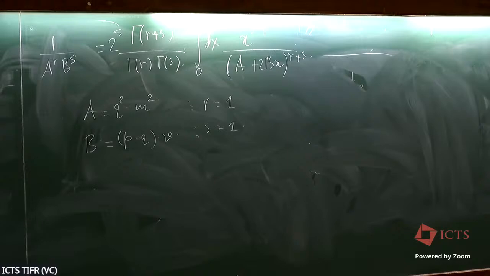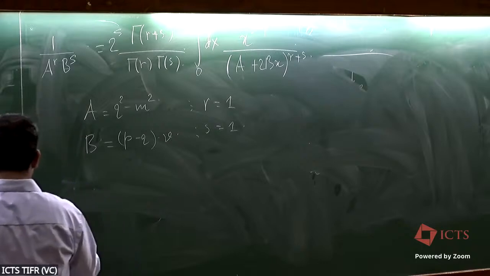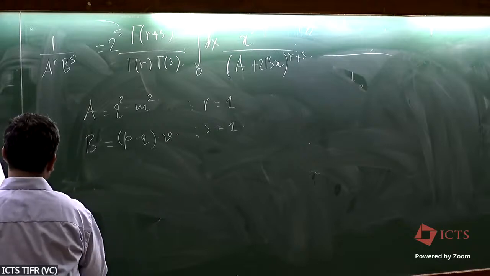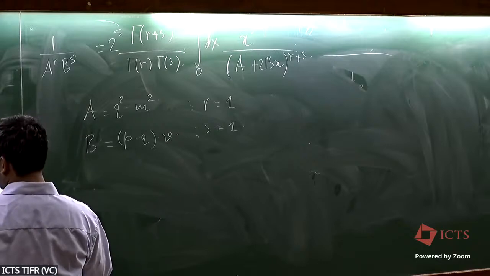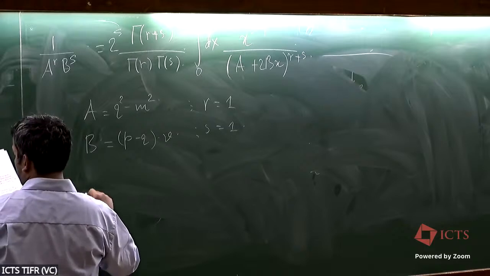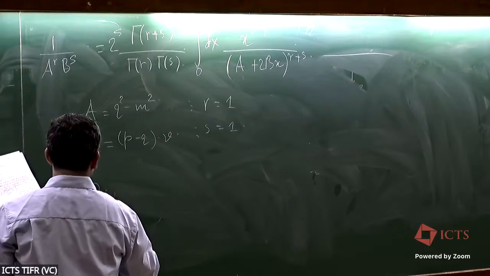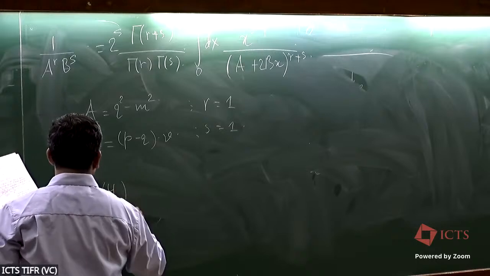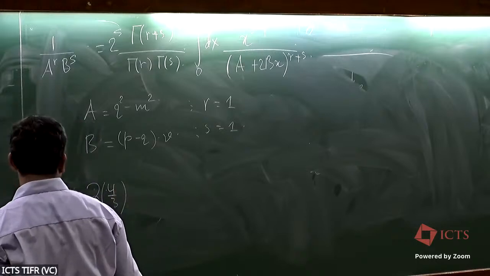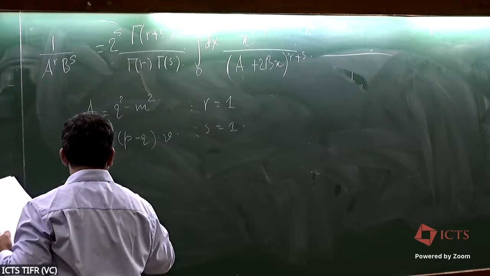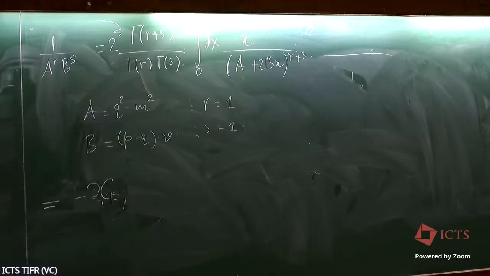So if you use this, then basically your integral simplifies to something like, again, I'm not too worried about the factors here, minus 2 C_F, which is the 4/3 factor. Note that this C_F is just the Casimir operator. This has nothing to do with the C_F that appears in the Fermi term.